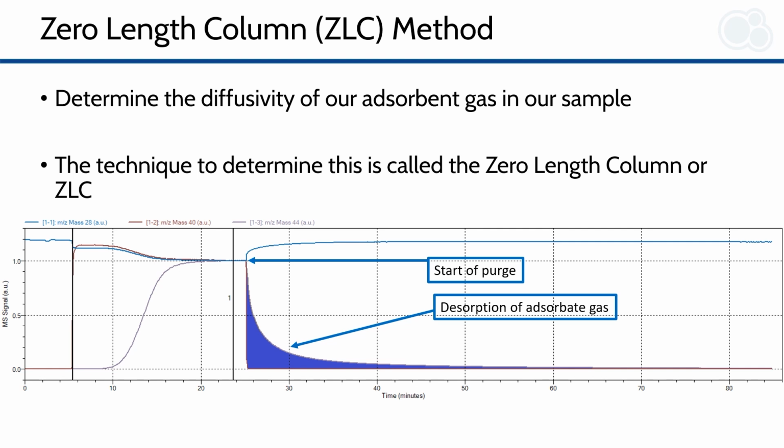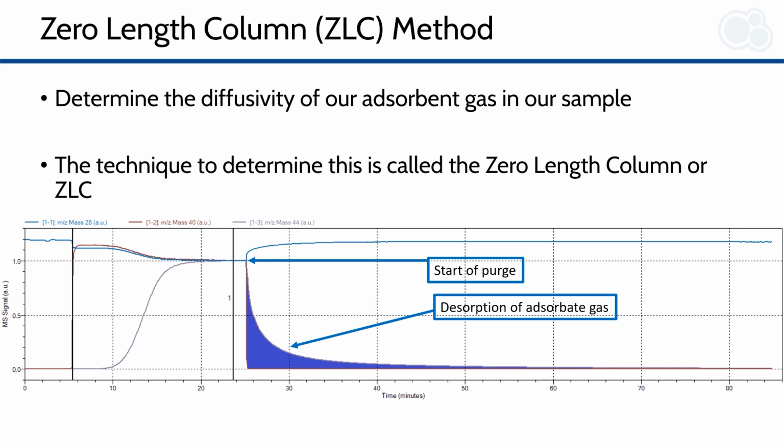In this technique, what happens is you collect a breakthrough experiment as normal. Typically, you will do it with a very low concentration of your adsorbing gas. Then at the end of the experiment, you're going to start some sort of purge, and you're going to have a trigger, much like you do for the adsorption process, where you may use some inert.